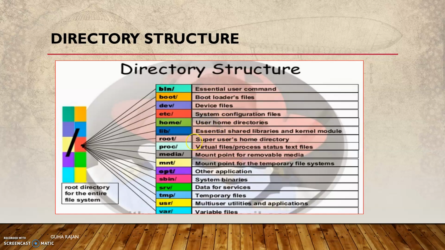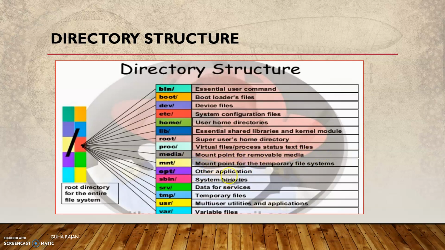Dev is for devices, device files. Etc is for system configuration. Home is the user home directory, underneath which each of the users will have their own directory to which they have access. Then libraries, root, proc is for the various processes, media and mnt are mount points.